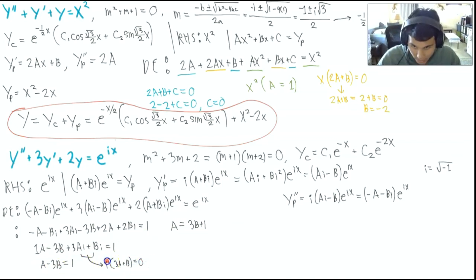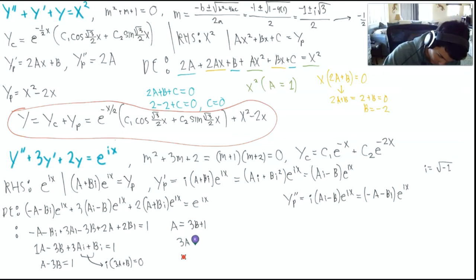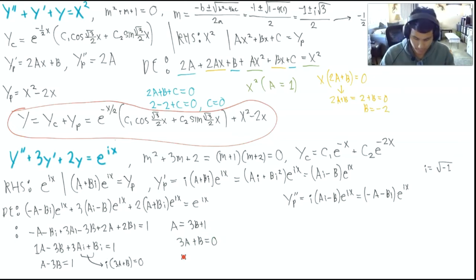If I divide, the i goes away, so now I'm just left with 3a plus b is equal to 0. Then b is equal to negative 3a. So if I put this information into this, I can solve for a, and then solve for b later.